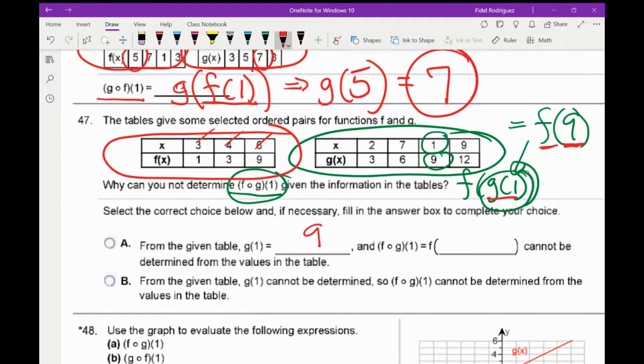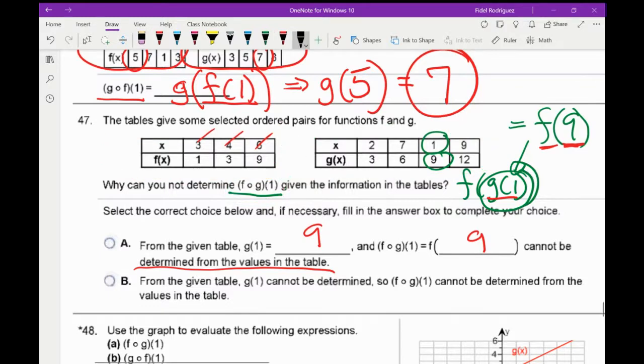And f composed with g of 1 is going to be f of 9, and that can't be determined from the values in the table, right? That's the reason why, because we can't figure out what f of 9 is. If we had a 9 here, then we could figure out what that number would be. But since we don't, we can't figure it out.